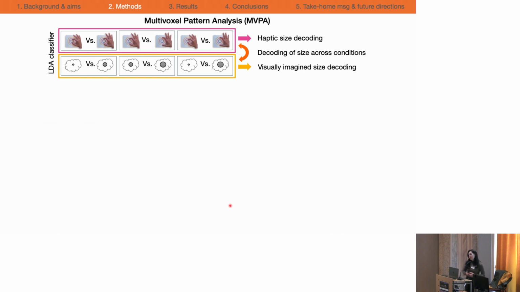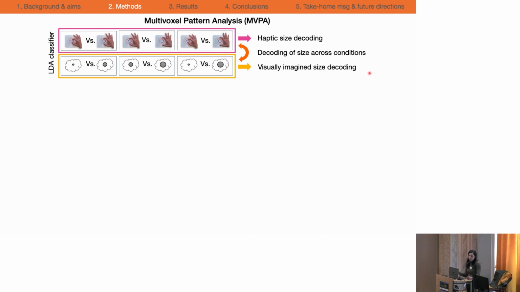So once we acquired our fMRI data, we conducted multivoxel pattern analysis in order to investigate whether we could use brain activity patterns to decode the size of haptically explored and visually imagined stimuli. So to do that, we trained an LDA classifier to discriminate between size pairs, and then tested it on a new set of data. And we did that separately for the haptic trials and the visual imagery trials.